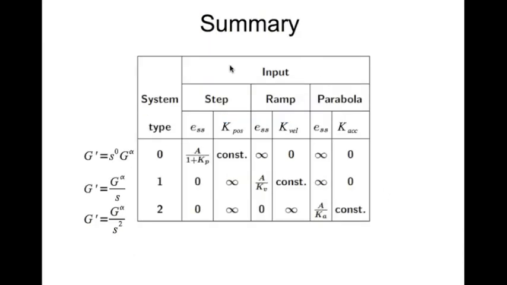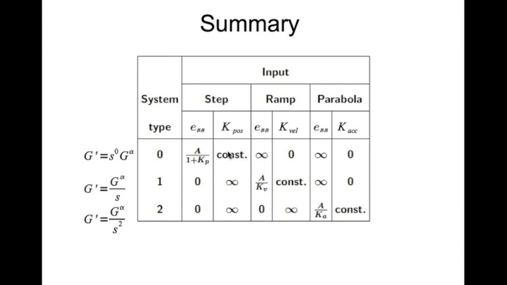Now, to summarize, you can see this table right here. If you have system type 0 and you send it a step input, your steady state error ESS is given by A divided by 1 plus k position. This should be POS.